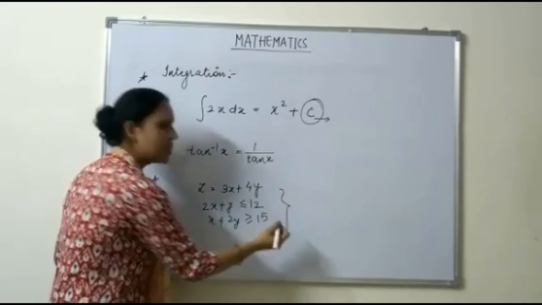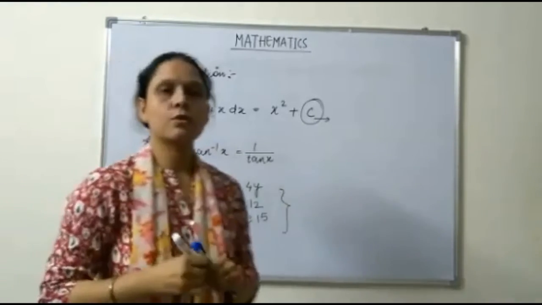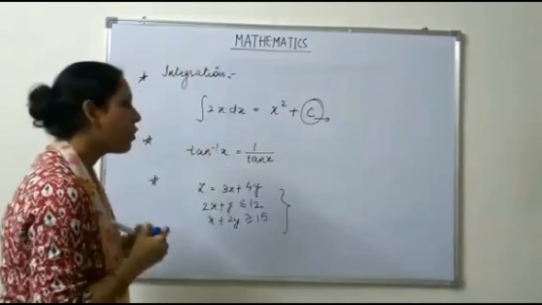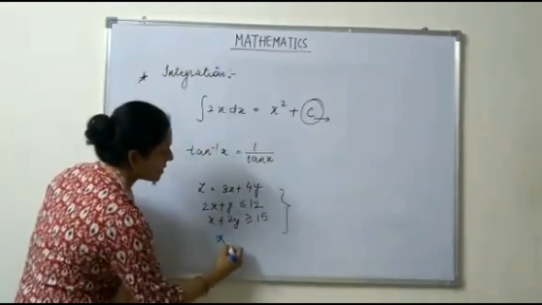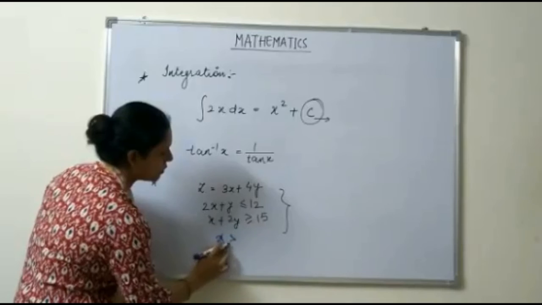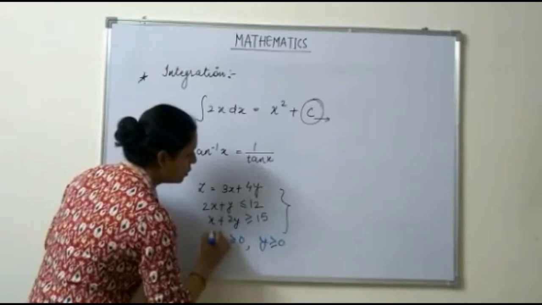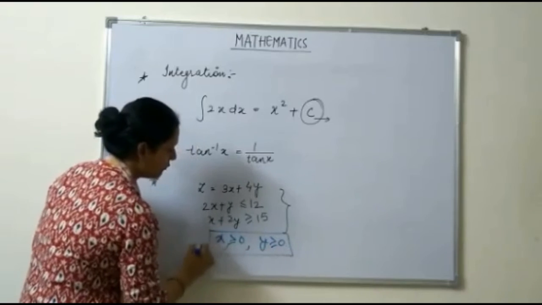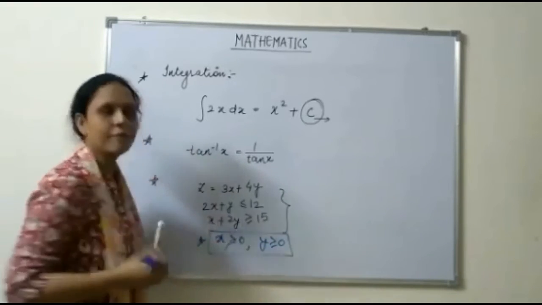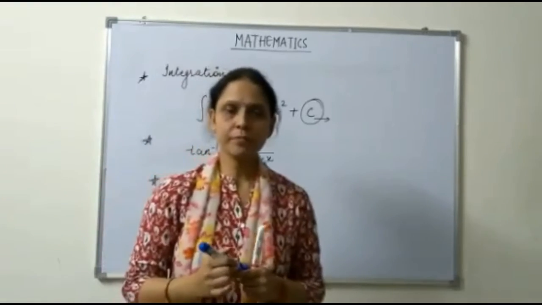So here you write the equations, but most of the students forget to write the non-negative constraints, that is x is greater than or equal to 0 and y is greater than or equal to 0. So do not forget to write the non-negative constraints.